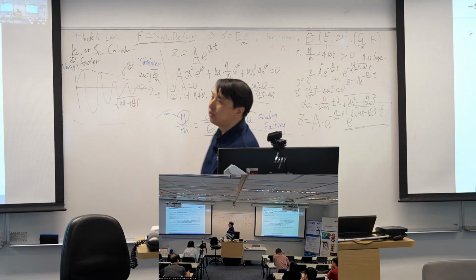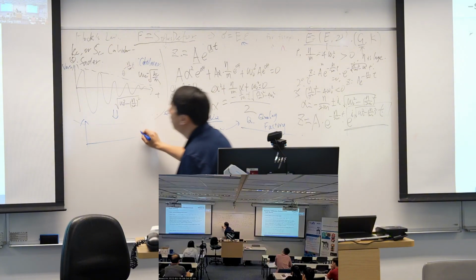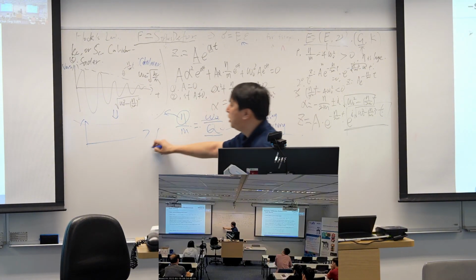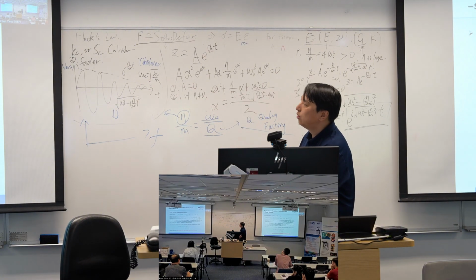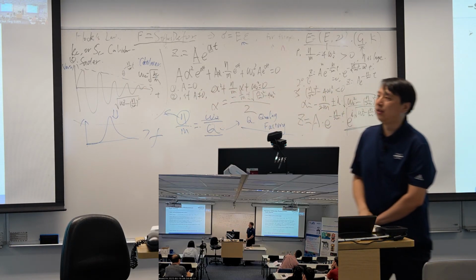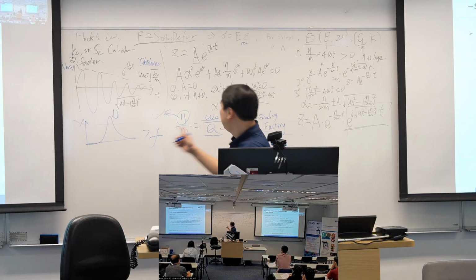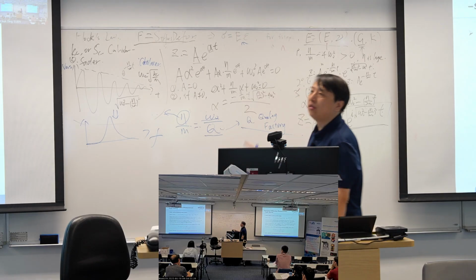From this damped oscillation curve, we can do a Fourier transformation, change it into a frequency domain, and we will observe a curve like this. With this curve, we get the frequency and the quality factor out.